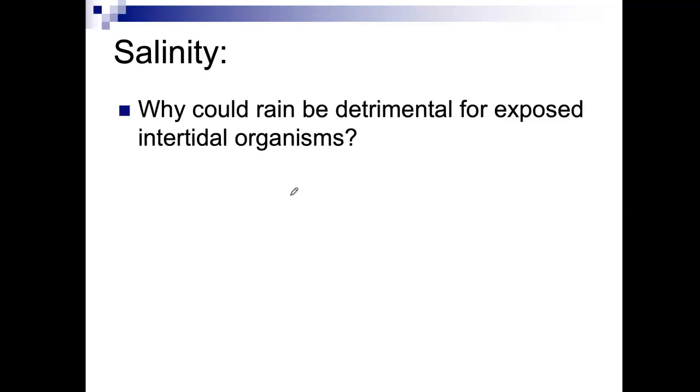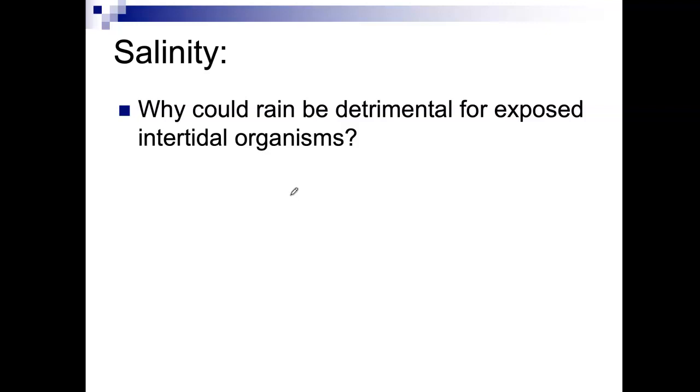Salinity. So again, salinity can become a problem in the intertidal zones, and especially in a tide pool, for two reasons. You can end up having a bunch of evaporation from that tide pool, leaving the salt behind, and it becomes really saline in that tide pool. And then you can have the opposite problem, where if you get rain, that can be really detrimental to intertidal organisms.